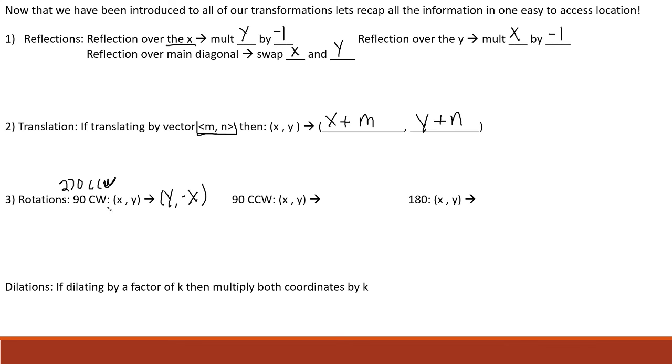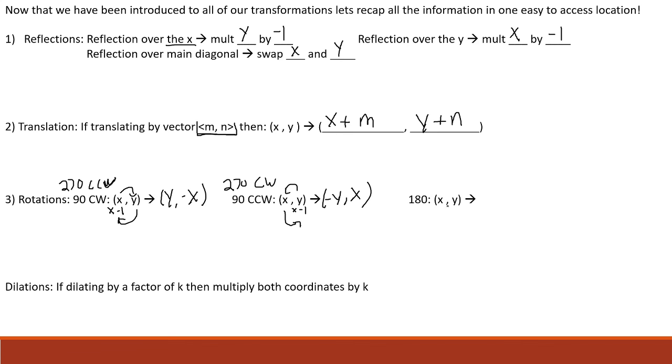Remember, you multiply the x by negative 1, and then you swap the values when you're doing clockwise rotation. If you're doing 90 degrees counterclockwise or 270 clockwise, because this works for both, you're going to multiply your y coordinate by negative 1 and then swap them. So it would be negative y comma x. Again, very similar transformations, but just a different variable that you're multiplying by negative 1.